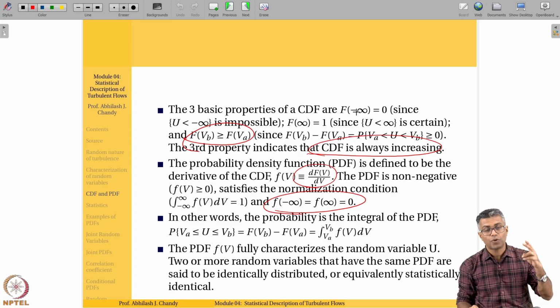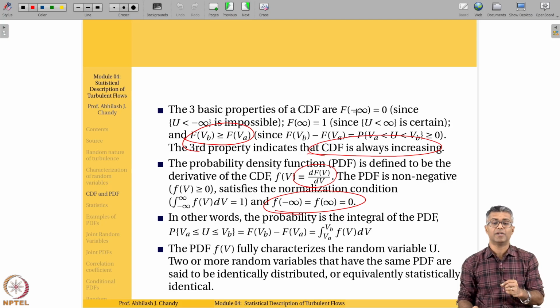Now, if you have two or more random variables that have the same PDF, they are said to be identically distributed, or equivalently statistically identical. And that is what we mean by the PDF fully characterizing the random variable.